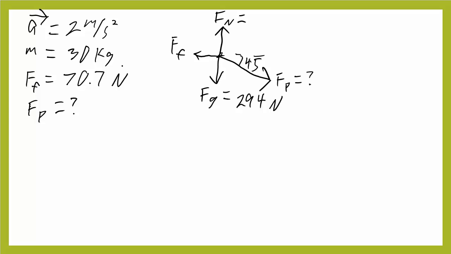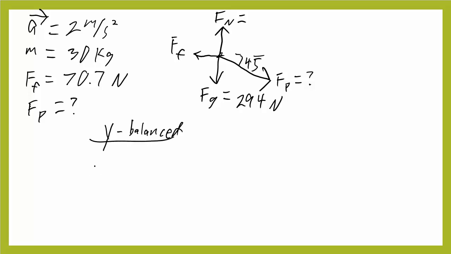So let me jump over here. Actually, let's start with the y direction. Okay, so let's look at the y direction first. In the y direction, we're not accelerating up or down, so again we have balanced forces.